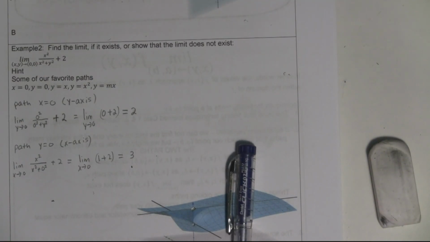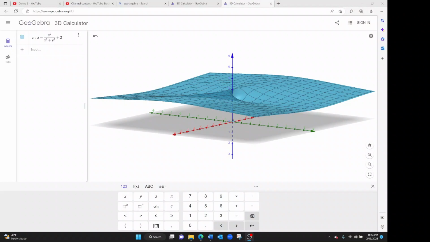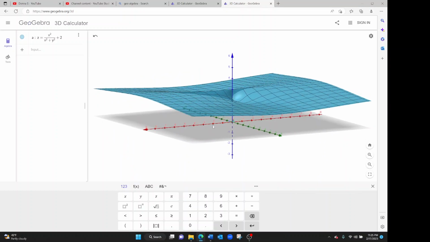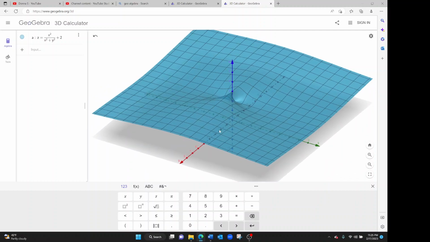I also have this one graphed, and I will get on my computer screen here, and I have graphed this one. So here it is. And so I just changed this problem from the problem out of a textbook that I saw to be +2 because it was so close on the axis so that you couldn't see it on the axis. But you can kind of see that this one's got a weird crinkle in it. The surface does.